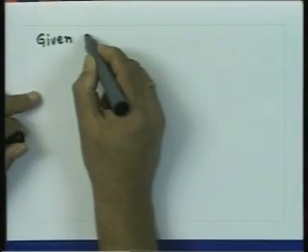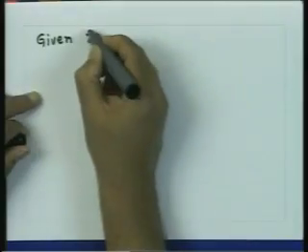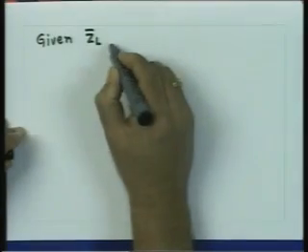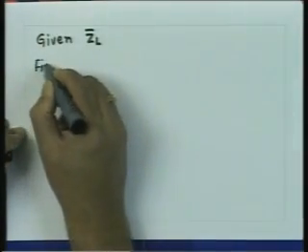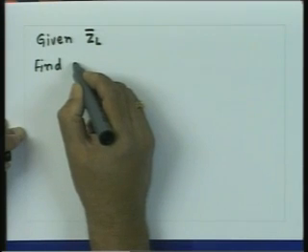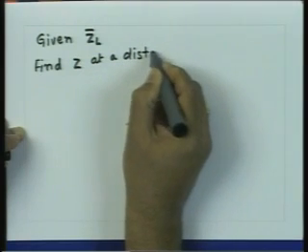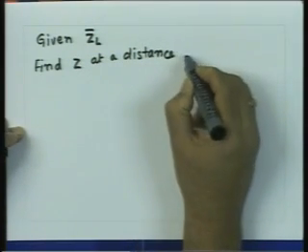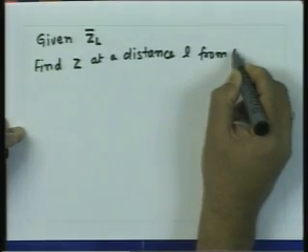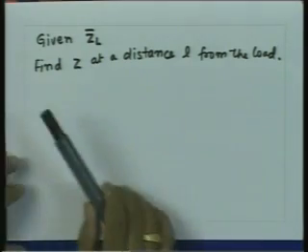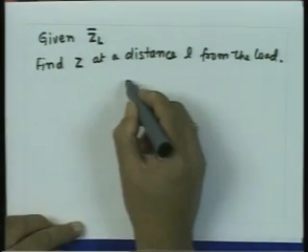So, the problem is: given ZL, say normalized, or YL, and you want to find Z at a distance L from the load. Go to the Smith chart.